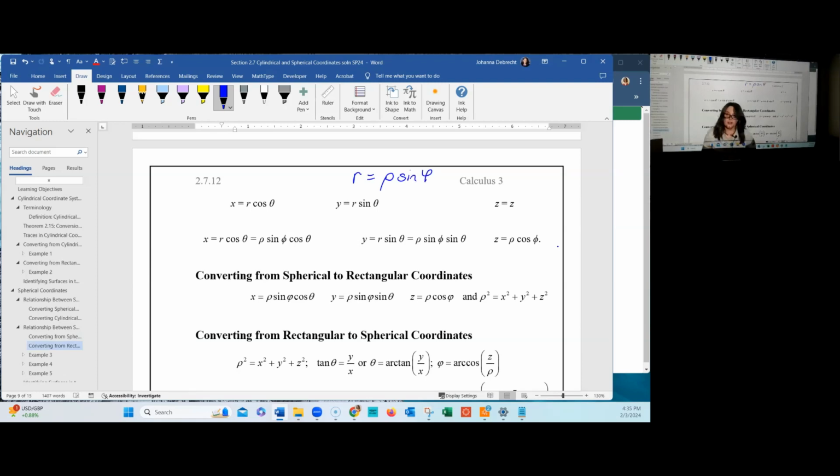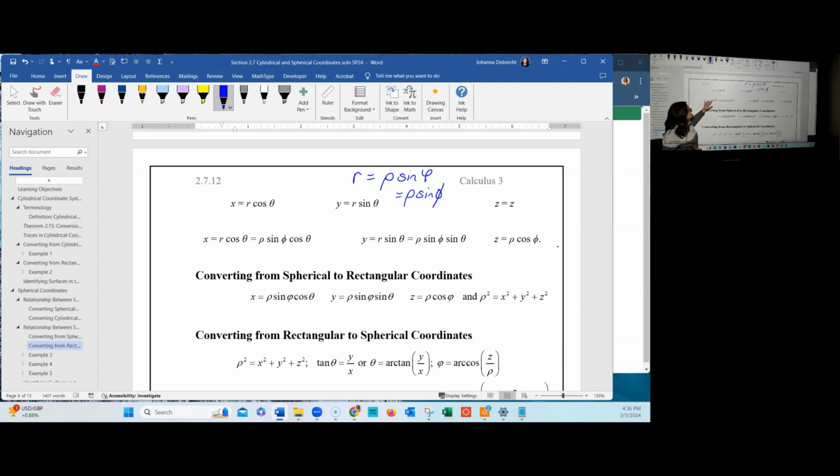It looks sort of like, rho looks sort of like a P, but it's rounded on the back. It's not a ball and stick. And that's one of the symbols for phi. The other way of writing it is with a 0 with a diagonal slash all the way through it. That also represents phi. So r is rho sine of phi.